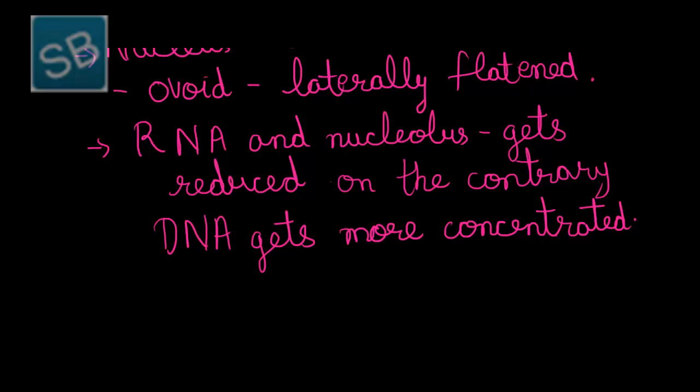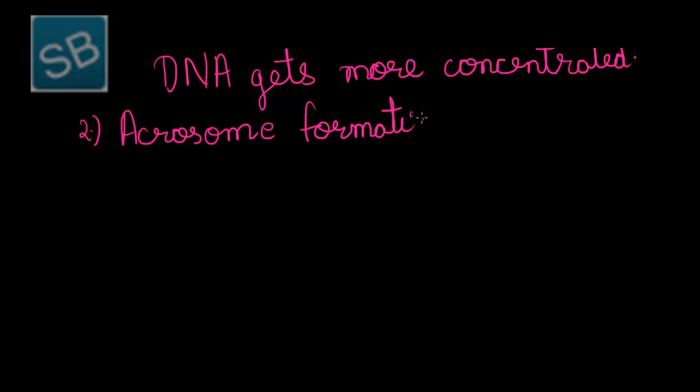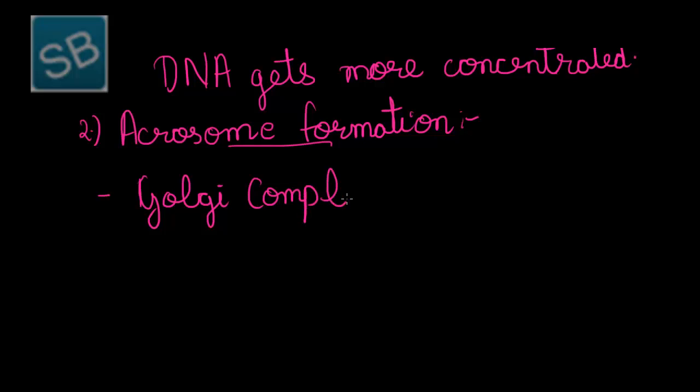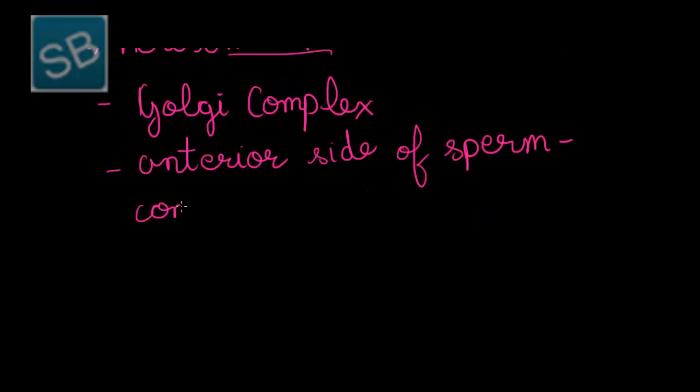Following it occurs the second, that is acrosome formation. In this, the acrosome is made up of the Golgi complex, which occurs at the anterior side of the sperm, which mainly contains the hyaluronidase enzymes.